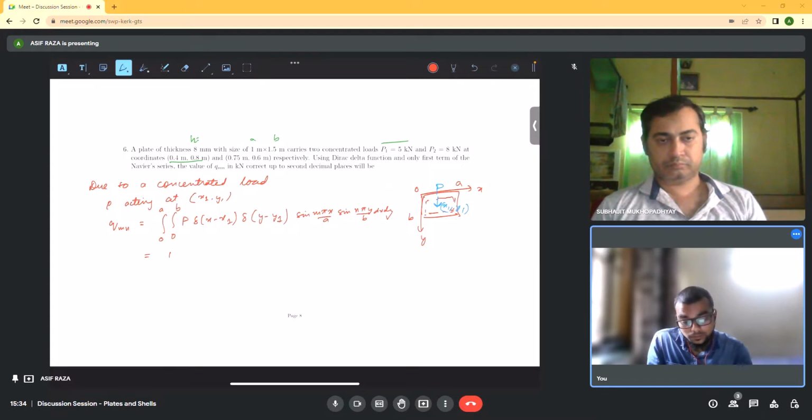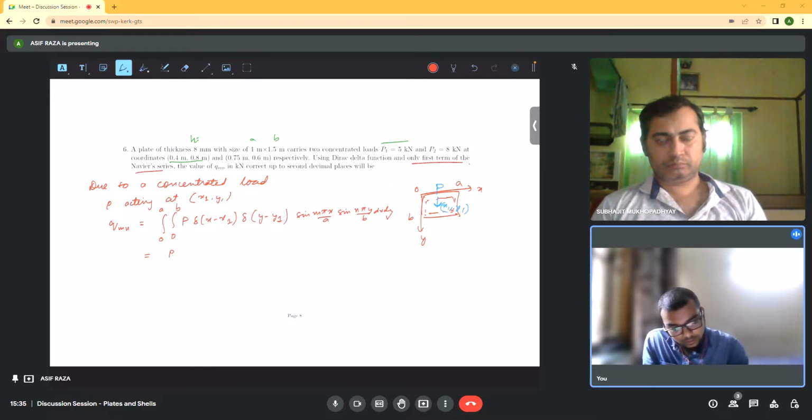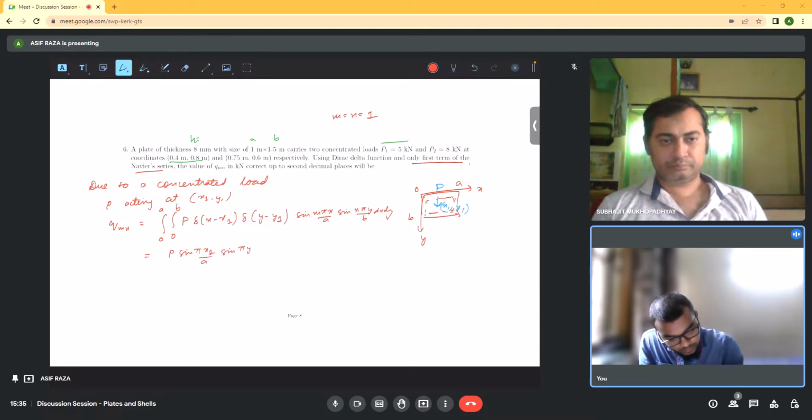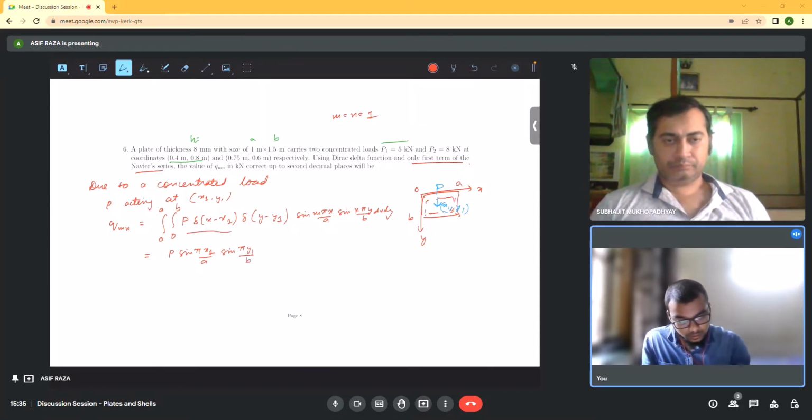okay, so we have been given a condition only the first term of the Navier series, so we take m equal to n equal to 1. So if you simplify this, we'll get sin(πx1/a) and sin(πy1/b).